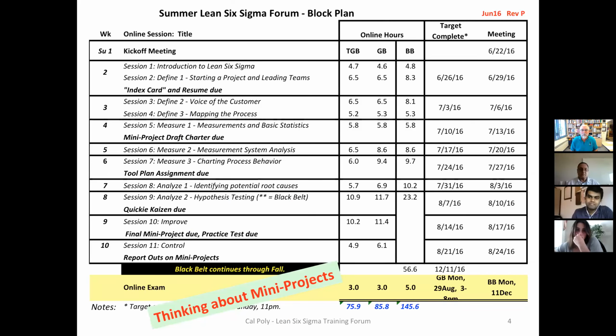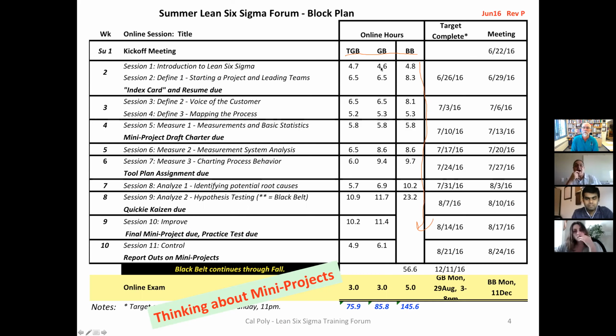I've got the course block plan up here now. What I've done is add columns, and I'm going to annotate this in red. I've got the different categories of classes, and then down here the number of hours that each of you is going to do. The transactional green belts just finished session 1 at 4.7 hours.